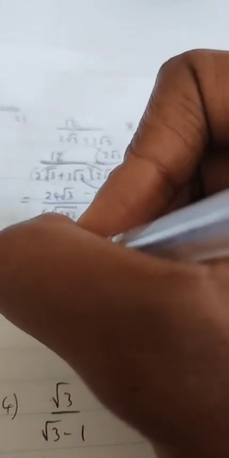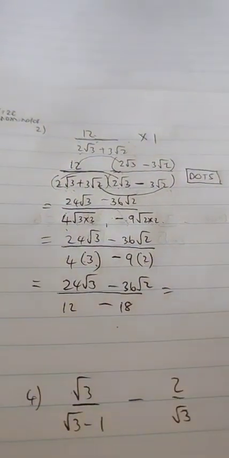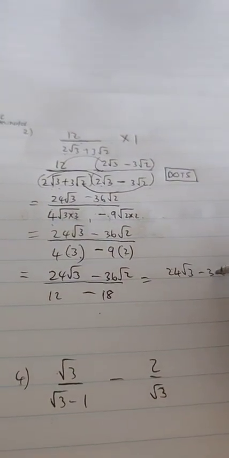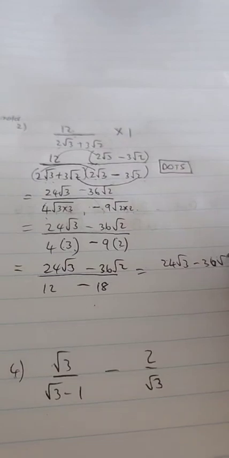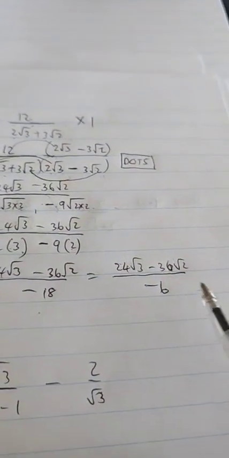But let's carry out the process. So that's 12 minus 18. 12 minus 18 actually gives us what, guys? Negative 6. So we have 24 root 3 minus 36 root 2 over negative 6.